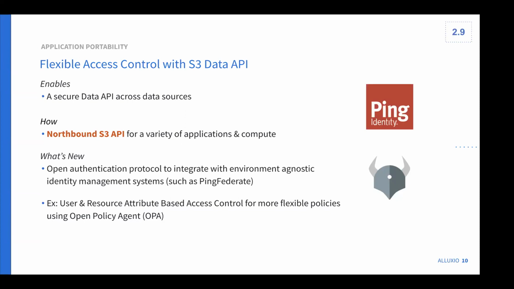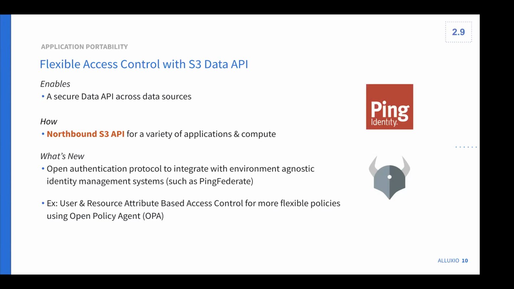So with this release, the highlight is on the security aspect when you're using our northbound S3 API as the way to access data from your different data sources. Now, with this release, there are two aspects that I'm highlighting of the S3 API. One is the authentication mechanism, and then how it ties in to the authorization mechanism as well.